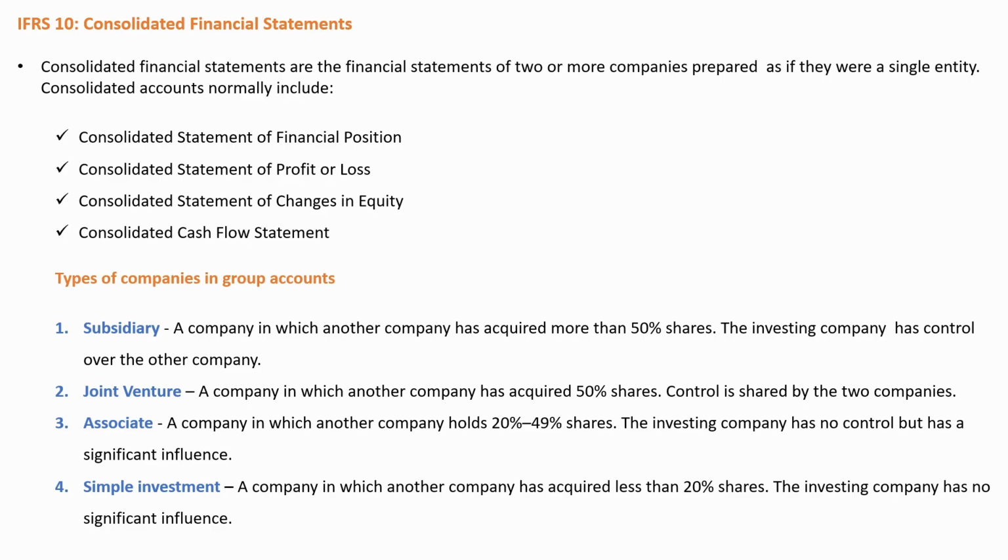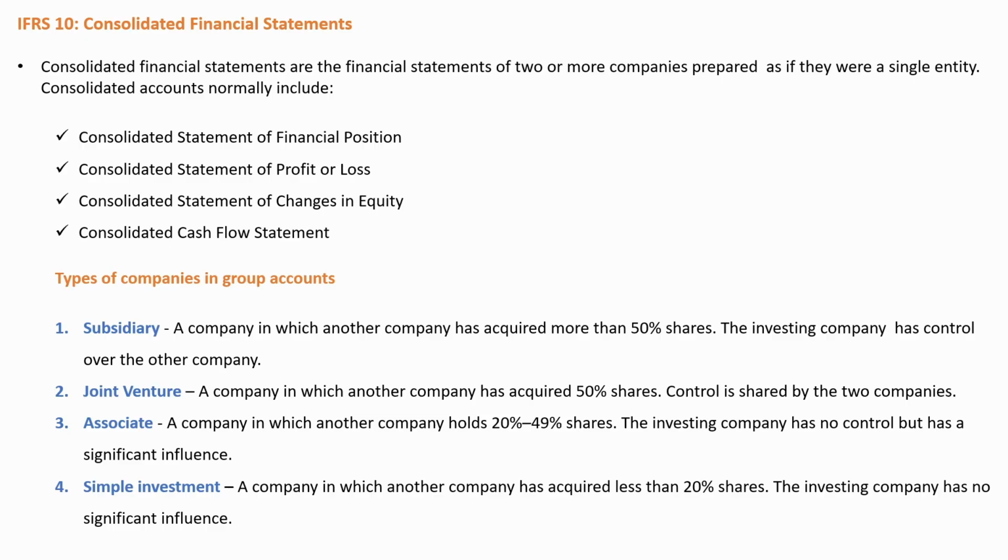In this level, we are not going to be dealing with simple investments. That one is supposed to be dealt with in financial accounting at the foundation level. In this level, we deal with subsidiaries and associates. Mostly we deal with those two, and to some extent, joint ventures.